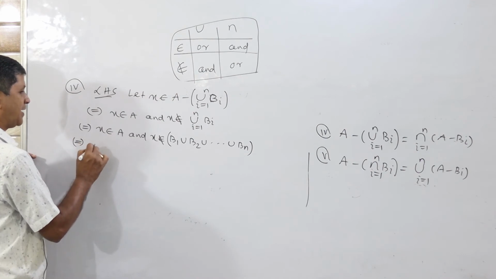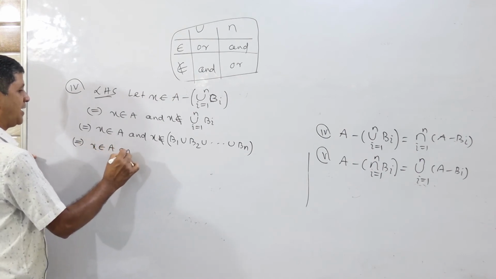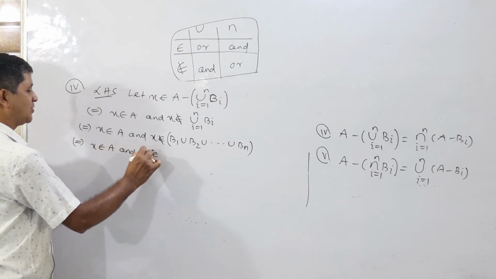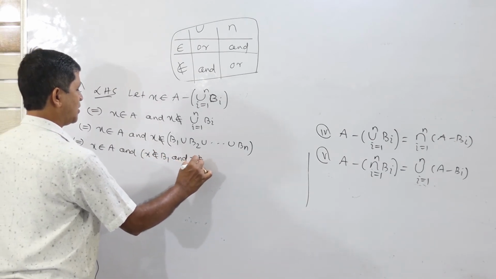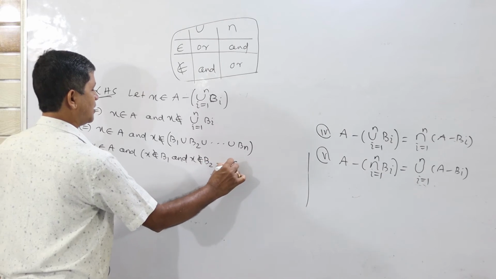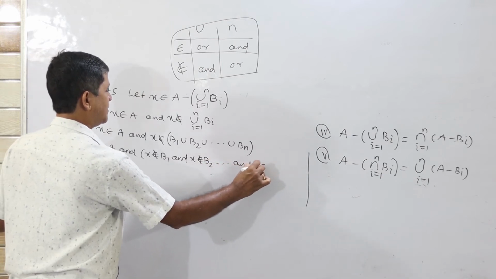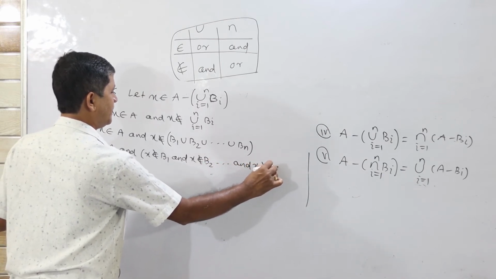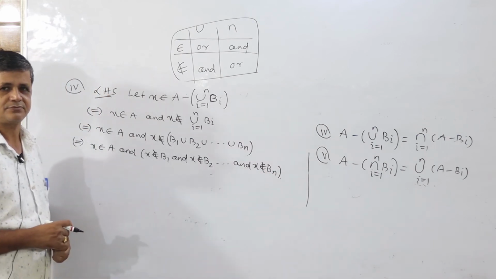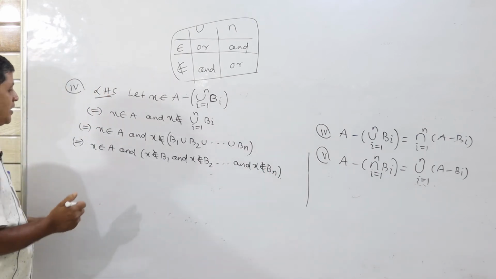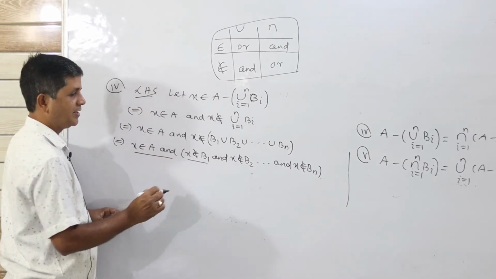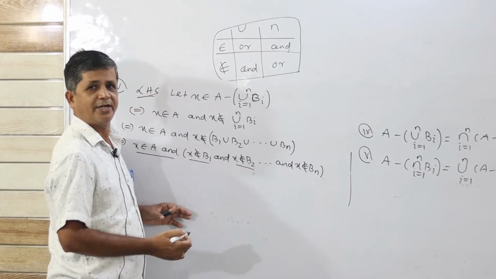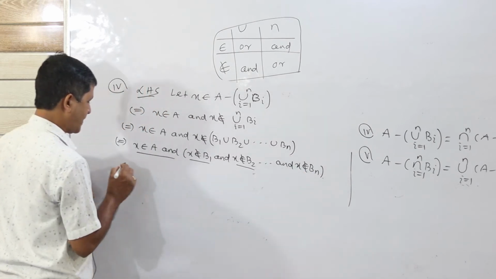This implies and is implied by x belongs to A and x does not belong to B1 and x does not belong to B2 ... and x does not belong to Bn. x belongs to A, and it will be with first B1, next with B2, next with Bn.